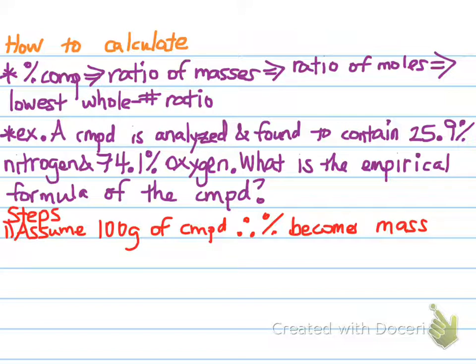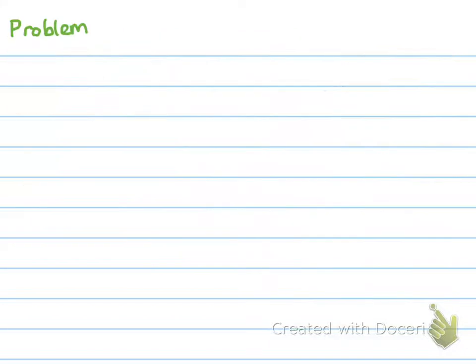That way, our percentages that are here are just going to become grams, because percent means per 100. So, based on that, we're going to assume then that we have 25.9 grams of nitrogen and 74.1 grams of oxygen.